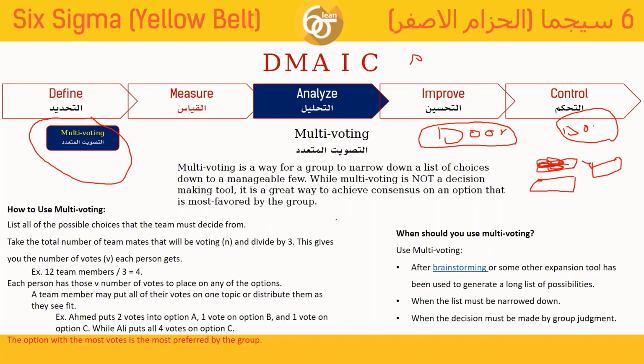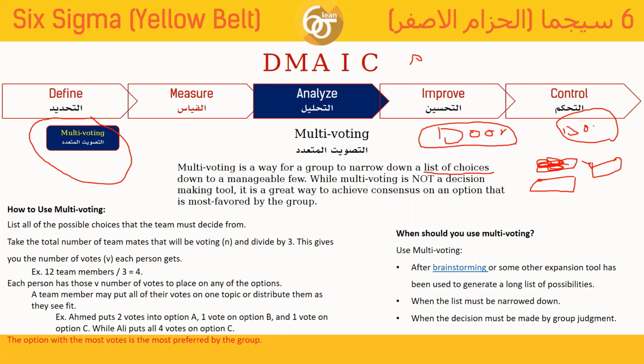So what is multi-voting? When you go from brainstorming, or when you take, for example, the Pareto analysis, the histogram and the control chart, they give us, for example, 7 root causes, 7 X's you have to eliminate in order to fix your problem, which means you have a list of choices.